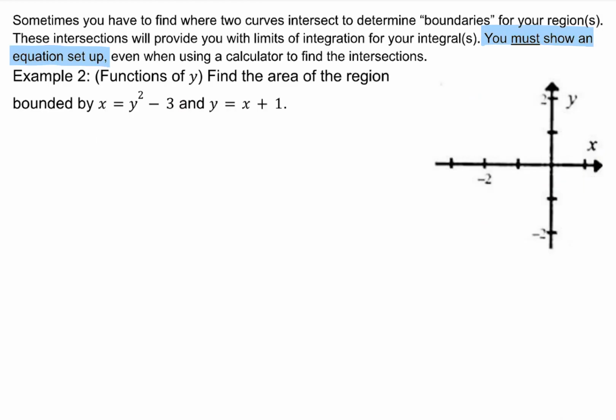This time we have some functions of y. Notice that if this were y equals x squared minus 3, it would just be a parabola shifted down 3. But this time, since it's x equals y squared minus 3, it will be a sideways parabola shifted left 3.